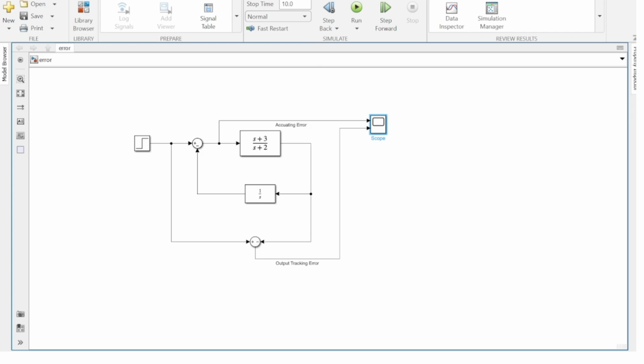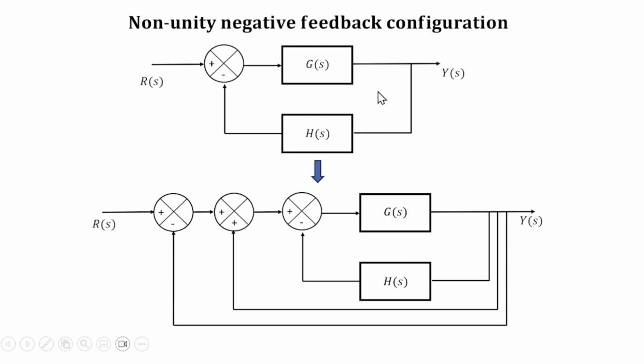Now comes something that I have kept as a loose end. I was always telling you that, given a non-unity negative feedback configuration, it is always possible to make it into a unity feedback configuration, and this is how we can do that. If you have a non-unity feedback configuration of this type, you can put it through extra summers.